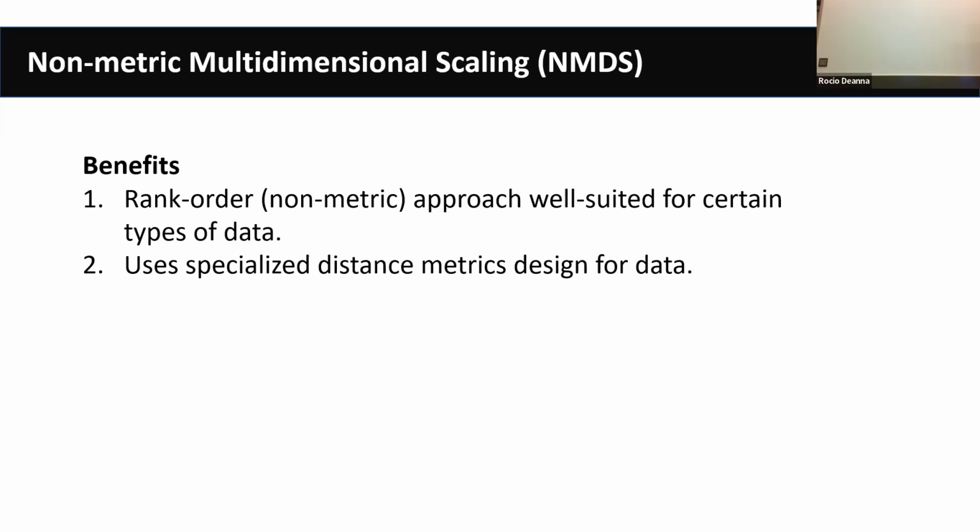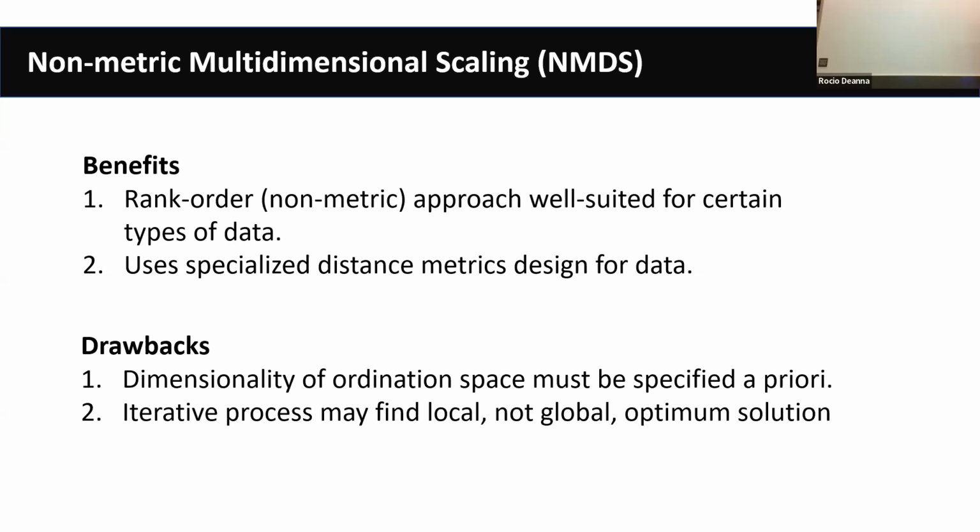Okay, so the benefits of non-metric multidimensional scaling are that it's a rank order approach, you can use any type of data, and it uses a specialized distance matrix designed for the data, so it's more specific.